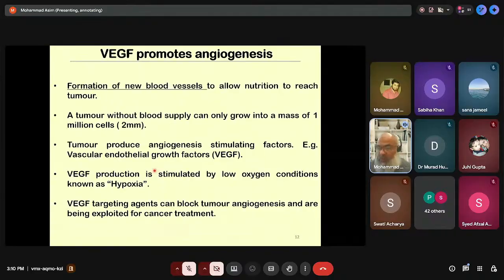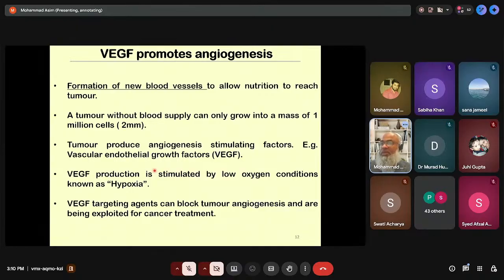I'm sure you all know about vascular endothelial growth factor. We need vascular endothelial growth factor for our growth. When we are growing, our muscle system and blood circulation system, blood vessels, need to be elongated and become larger. And in injuries also, we need vascular endothelial growth factor in order to repair the injuries.